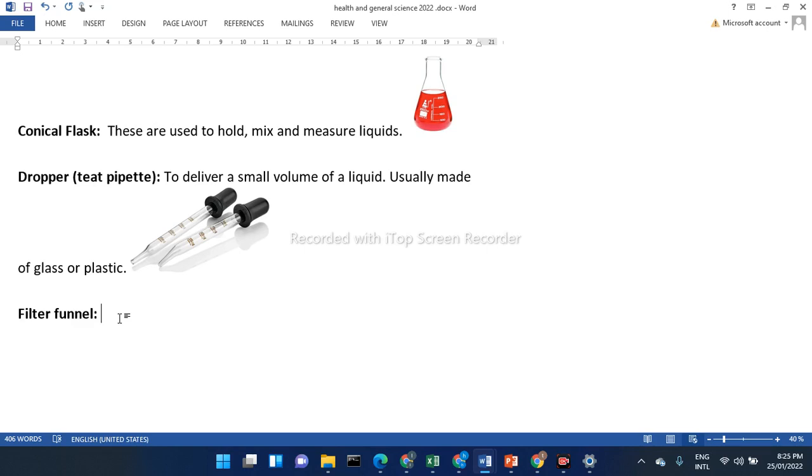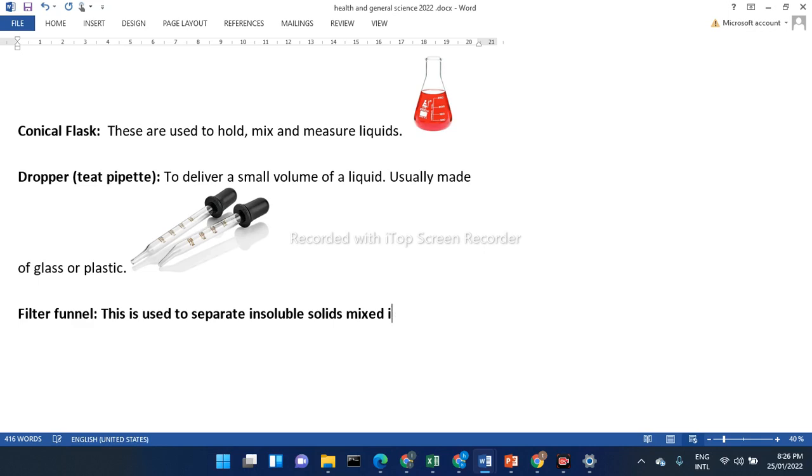Okay. So this is used to separate insoluble solids suspended in a liquid.